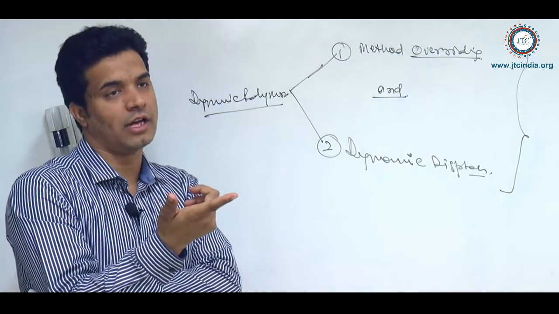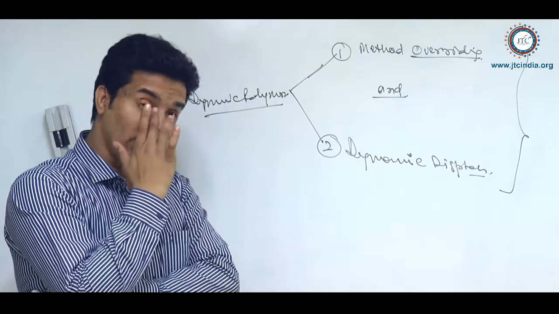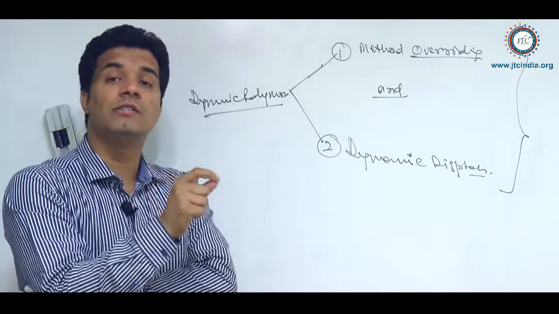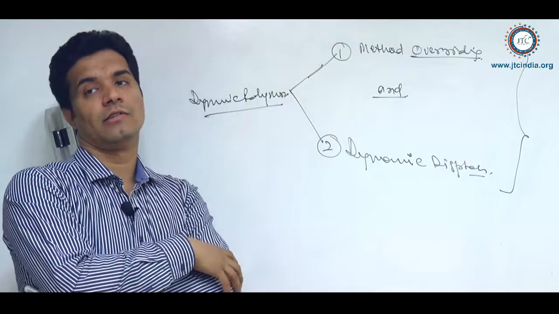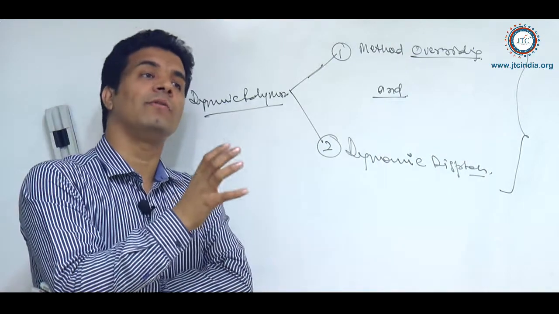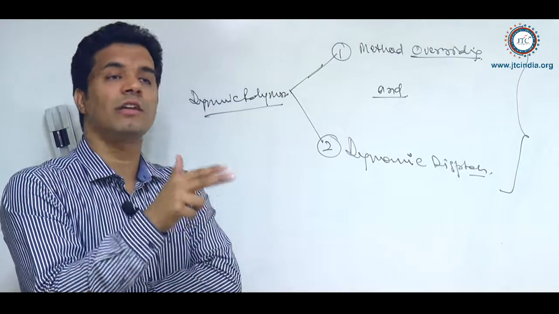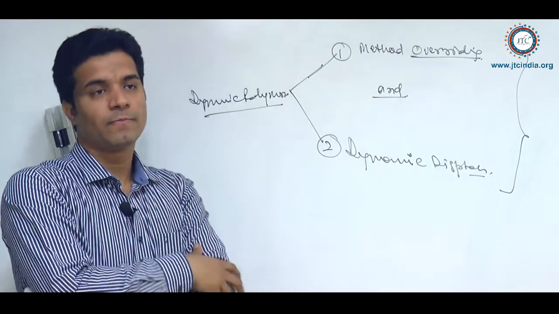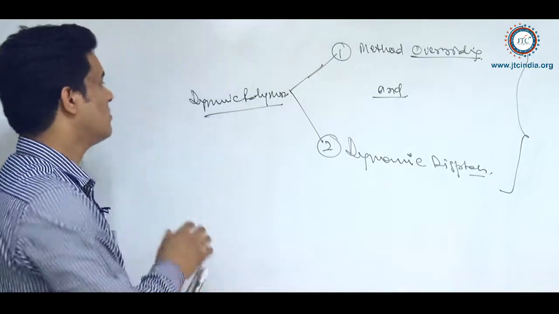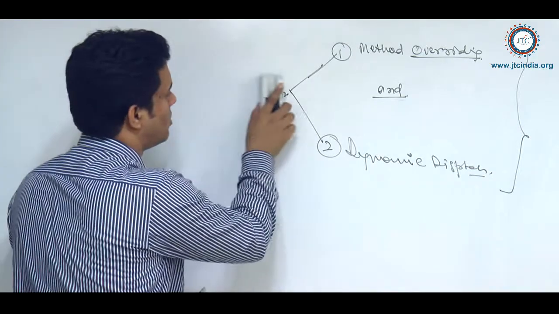In order to achieve runtime polymorphism, we always need the instance properties of a class. If instance properties are available, with that only we can achieve it.